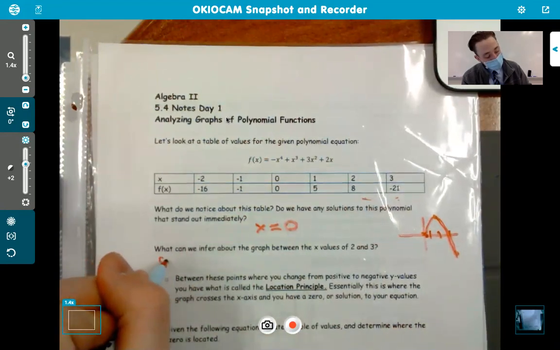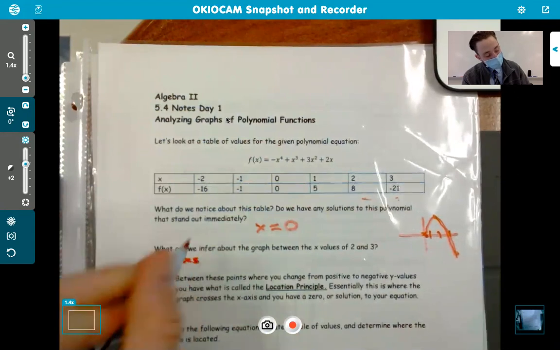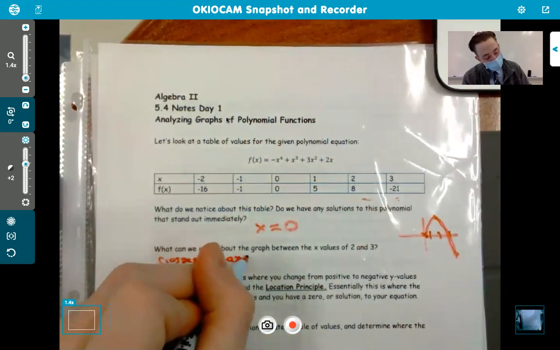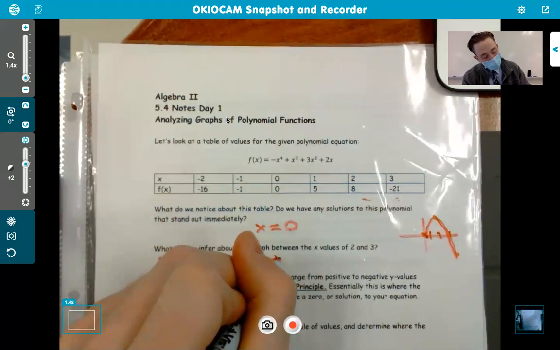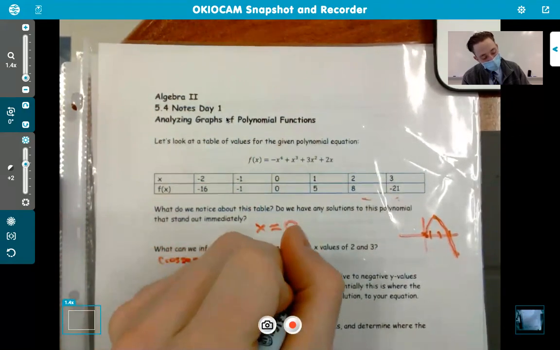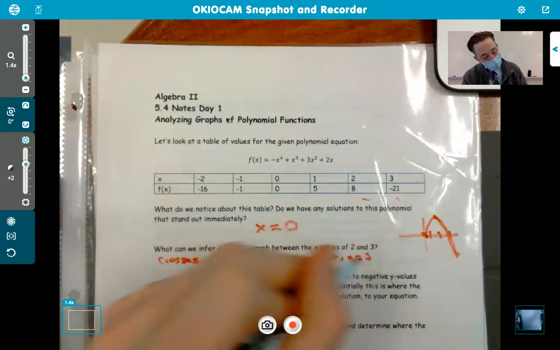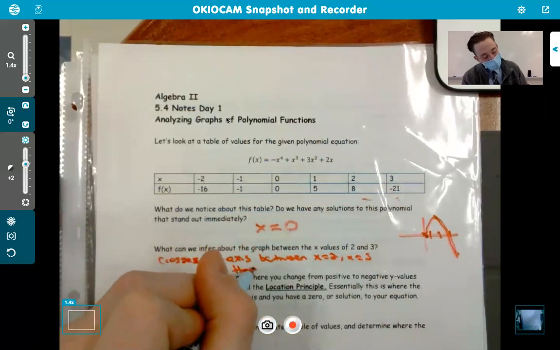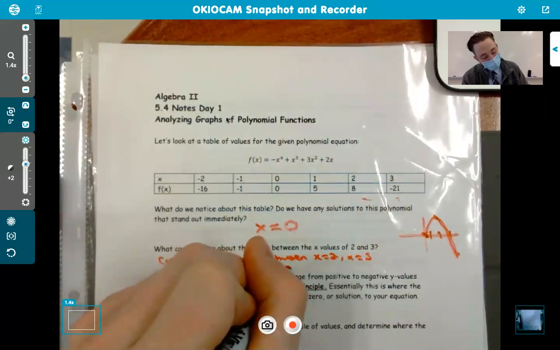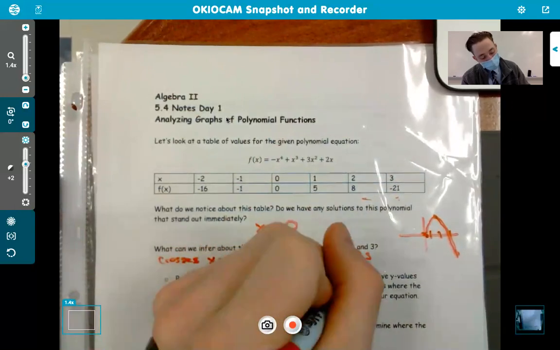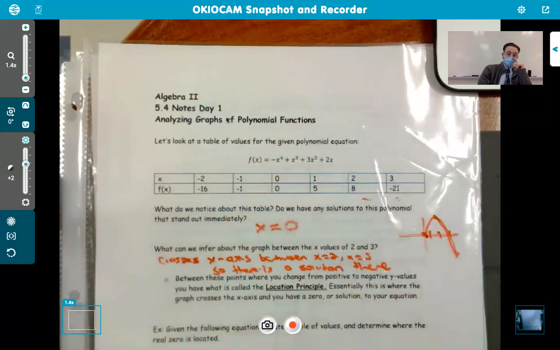Well, we could say it crosses the x-axis between x equals 2 and x equals 3. So there is a solution there. It's going to cross that x-axis if it goes from a positive to a negative in the y values or vice versa. So that's where I'm going to have a solution.